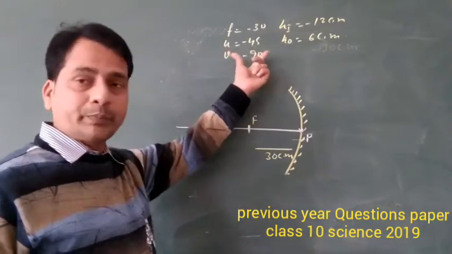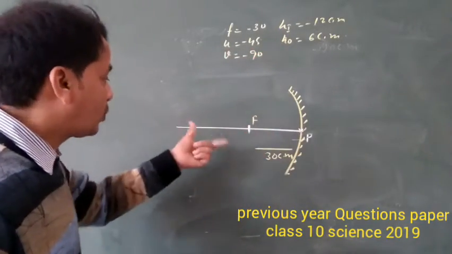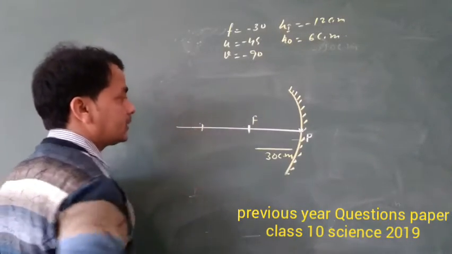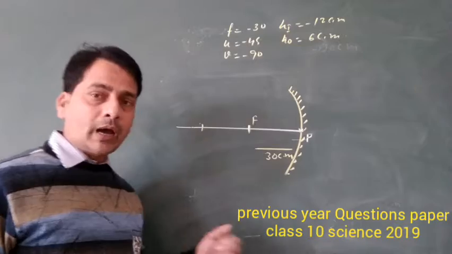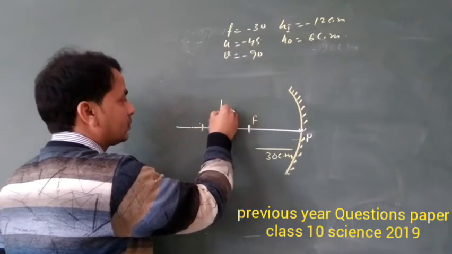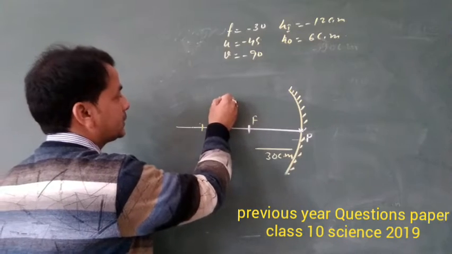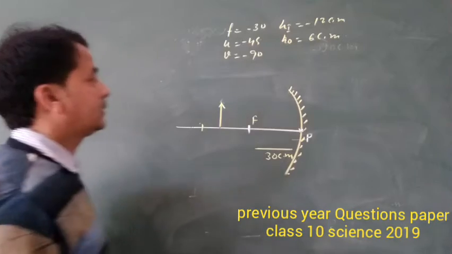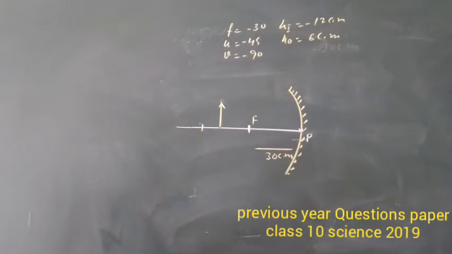So the object is placed between the focus and the center of curvature.